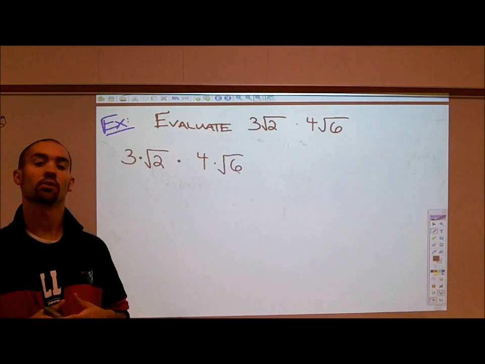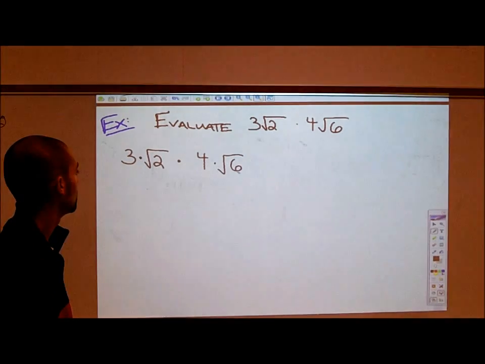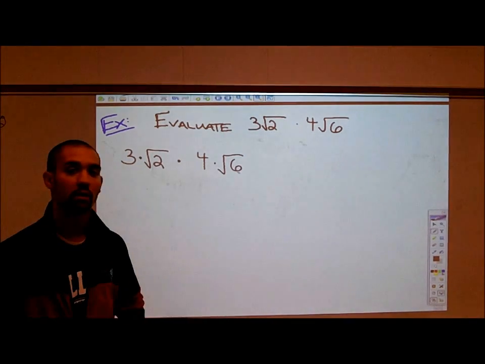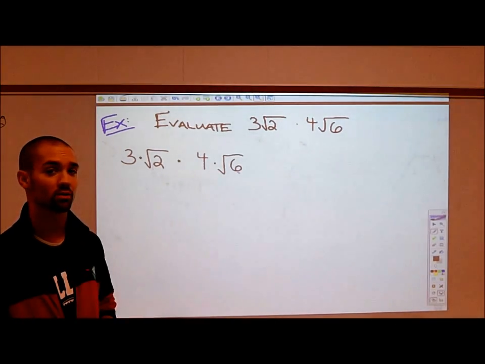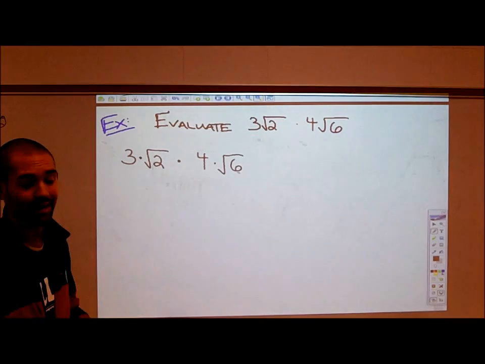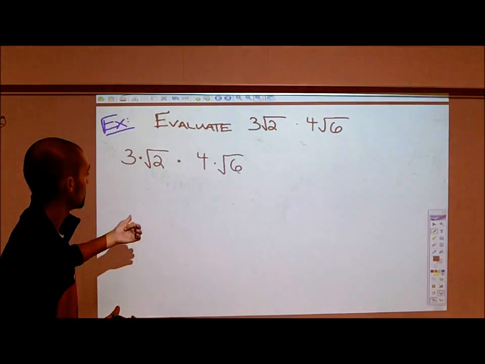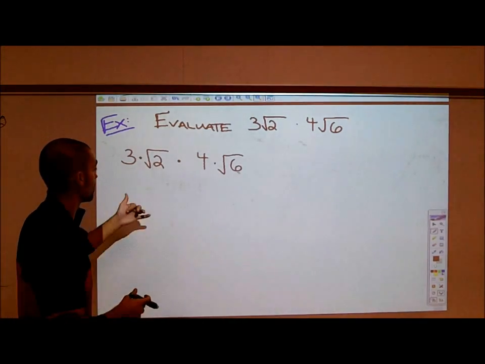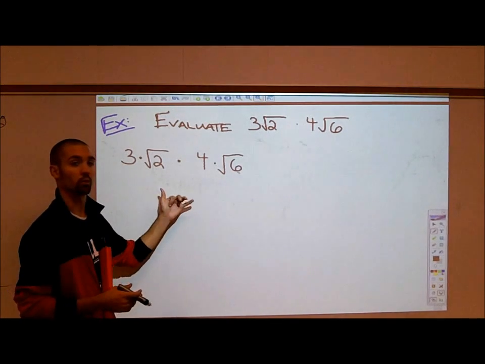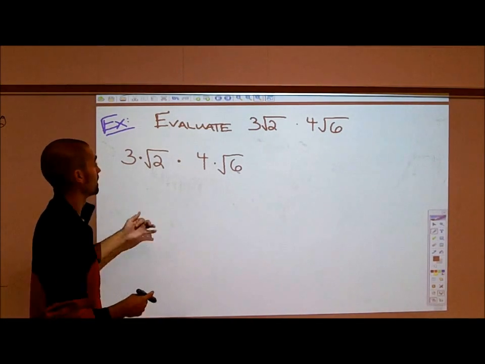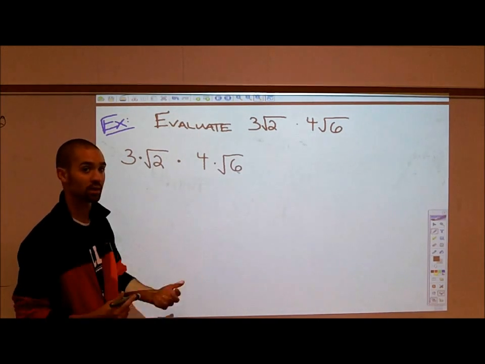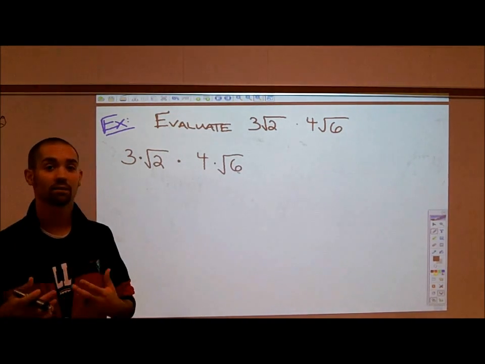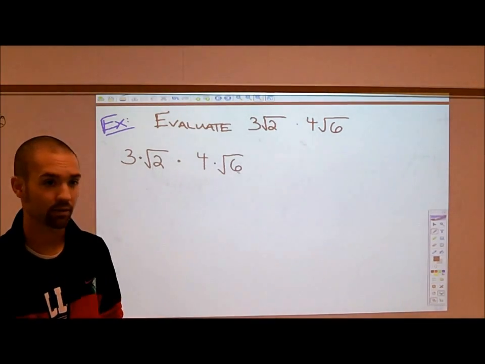Okay? So I know there's a lot going on right now. But is there a way that we can change the order of this problem to make life easier on us? You bet. The commutative property says that order does not matter when you're working with multiplication. And the way these items are all connected is by multiplication. So I'm going to put like values by other like values.